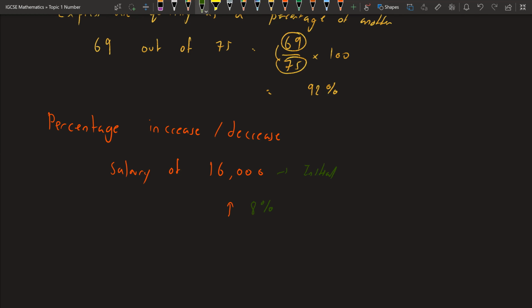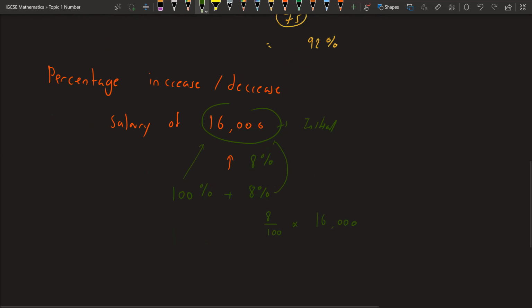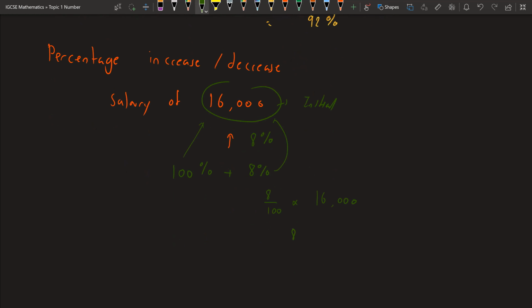So that's 100%, and then you add it by 8%. So 100% is that, and you add it by 8% of that thing. So an increase of 8% is essentially 8 over 100 times by 16,000. And it's equal to 8 times by 160.